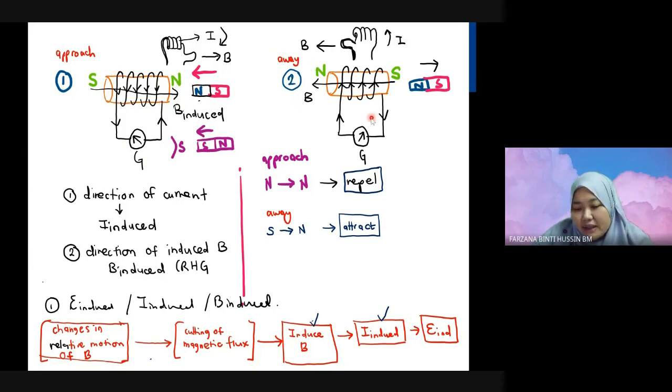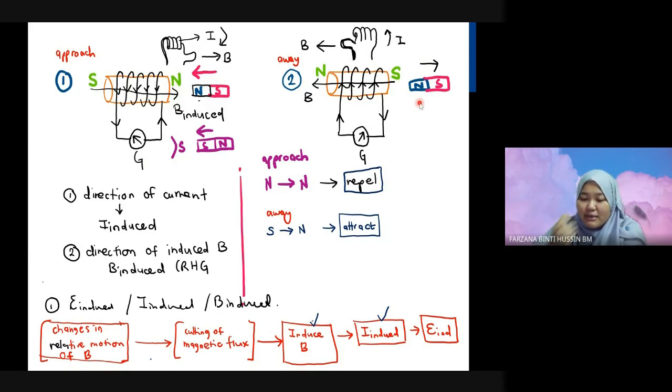Okay, what will happen if the magnet bar is moving away from the solenoid? As I told you before, we want a change to its movement. So when it is moving away, we want it to come back. That means we want to pull it back so that there is cutting of magnetic flux again. So when it is moving away, the induced magnetic field will change direction. Instead of north as before, when it moves away it becomes south. Why? When north meets south, they are different poles, so it will attract.